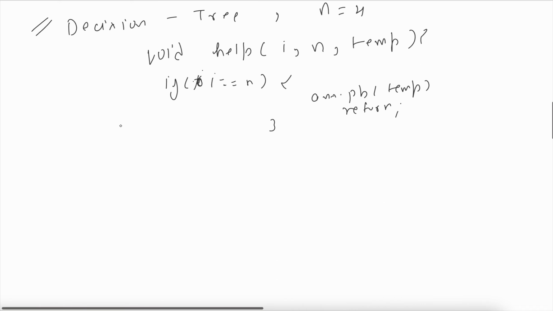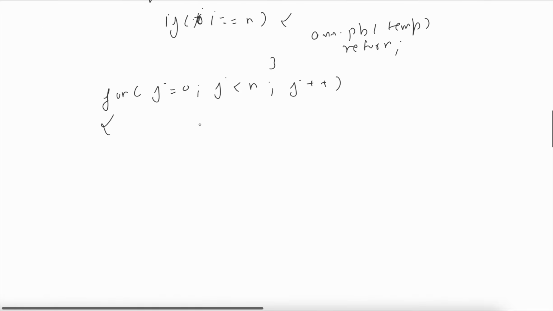So what I will do, I will have a loop j where I will travel from j equal 0 to n. Now what I will try to do is check if I can place, a rule check.